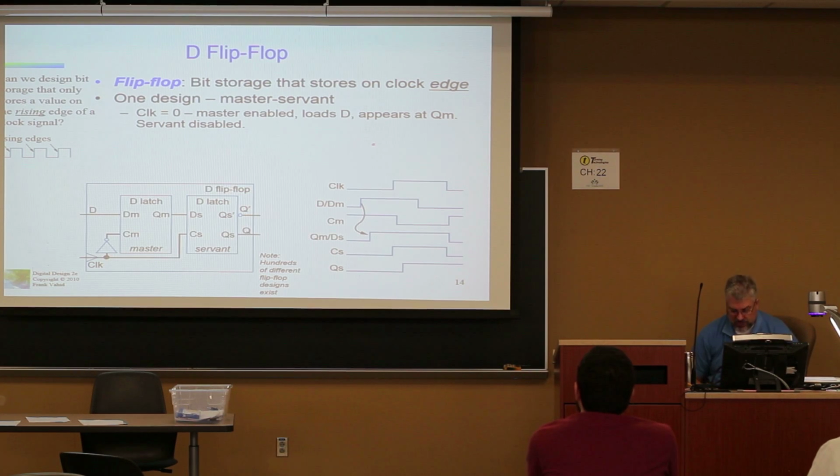So if we take a look at this, here is our D input, and that's on the master. You notice that based on the clock being low, that means the input CM is going to be high. This will create our output when you give this latch the D for the master right here.